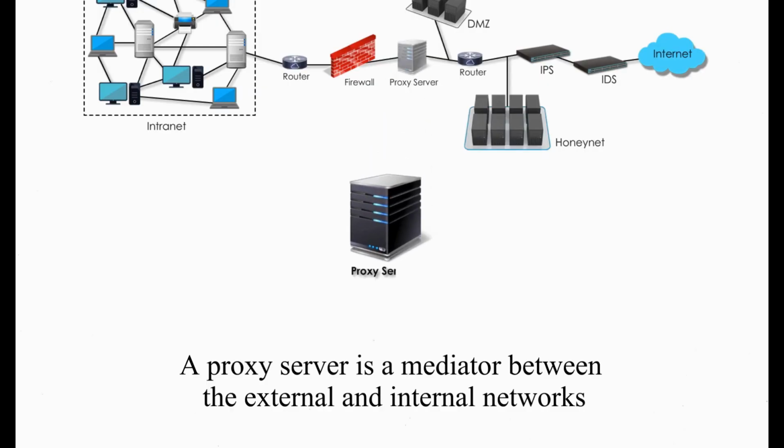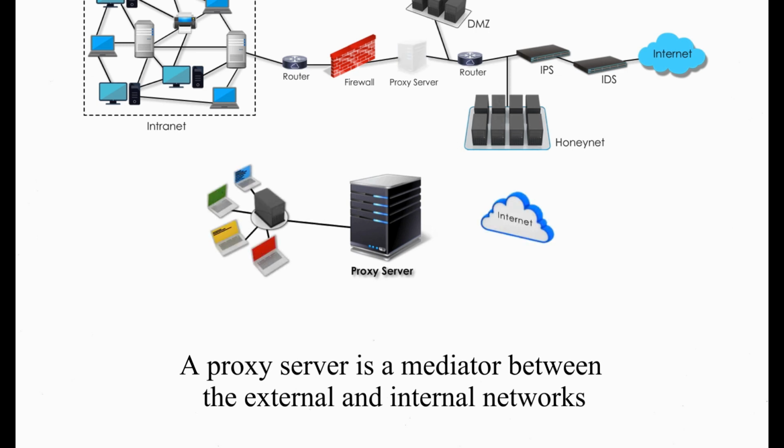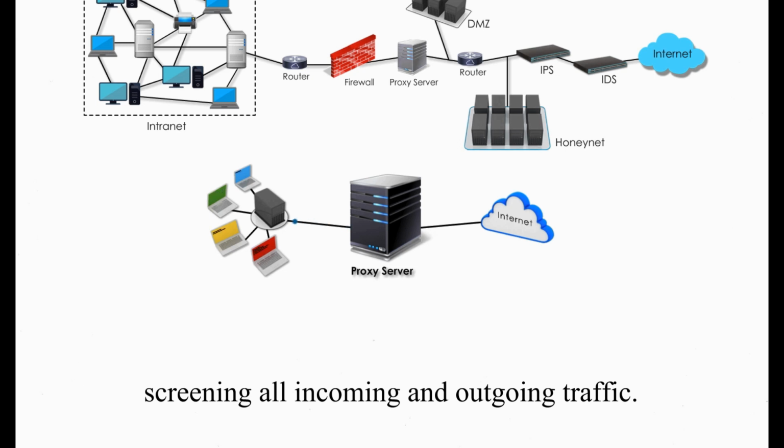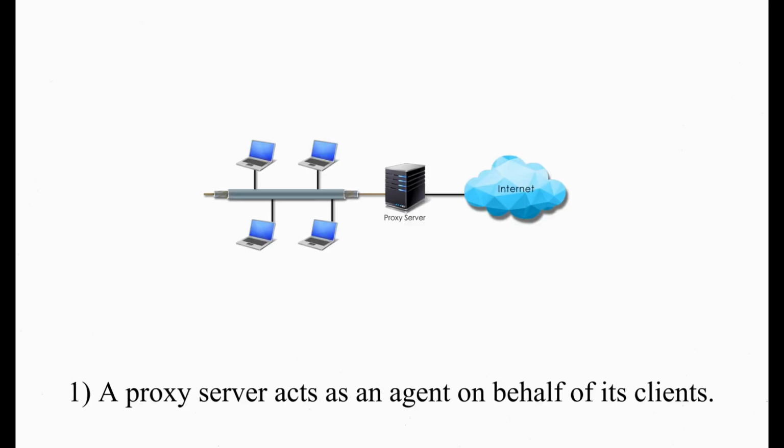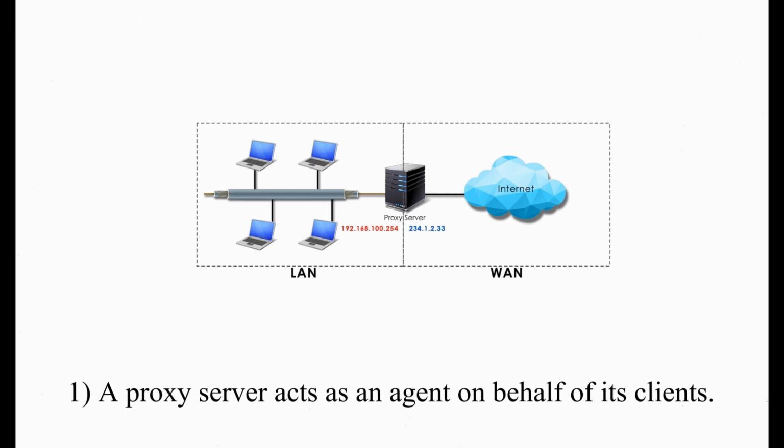A proxy server is a mediator between the external and internal networks, screening all incoming and outgoing traffic. A proxy server has at least 5 functions. 1. A proxy server acts as an agent on behalf of its clients.